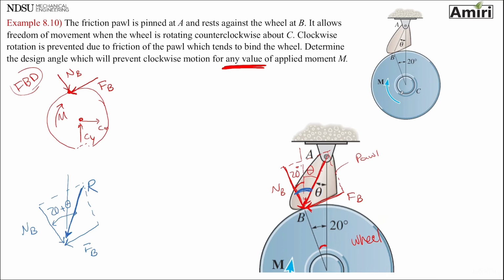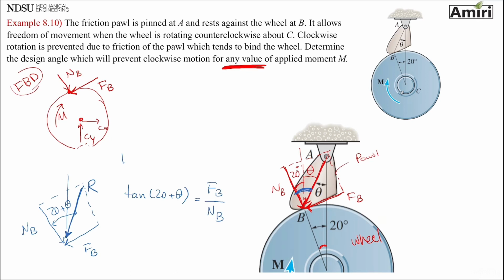So now let's see, impending motion, I have tangent of 20 plus theta equals FB over NB.